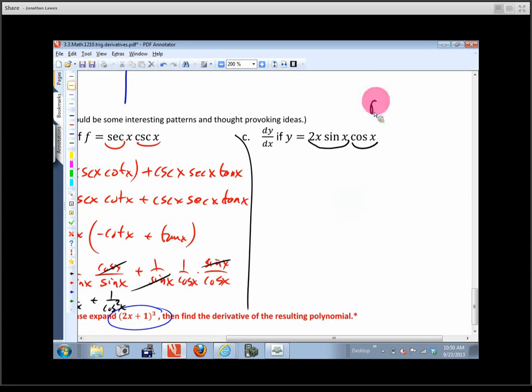You'd do the first times the derivative of the second, which is negative sine of x, plus the second times the derivative of the first. The problem with the derivative of the first is, when I find it, what have I got? I've got a product, so I've got those 2 terms there to worry about. Do you see how to do it?